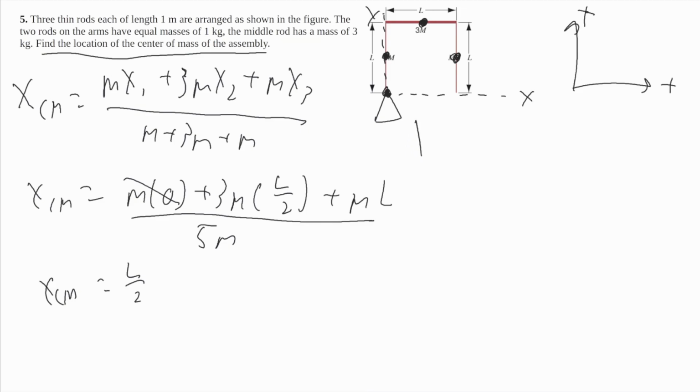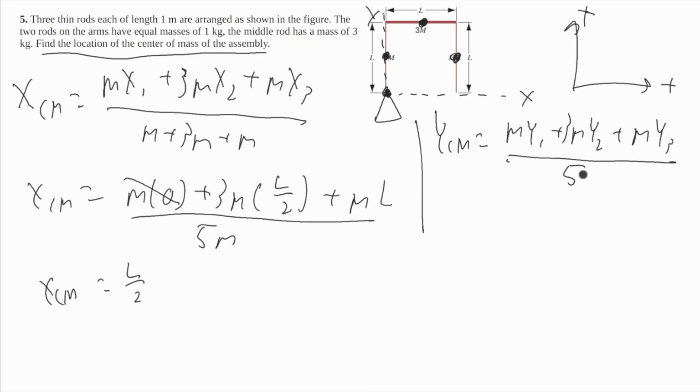And doing the same thing for the y, y center of mass is equal to m y1 plus 3m y2 plus m y3, and this will all be over the total mass of 5m. So the y center of mass will be equal to the y position of this first rod, which is L over 2, because it's half a rod's length away from the y origin.